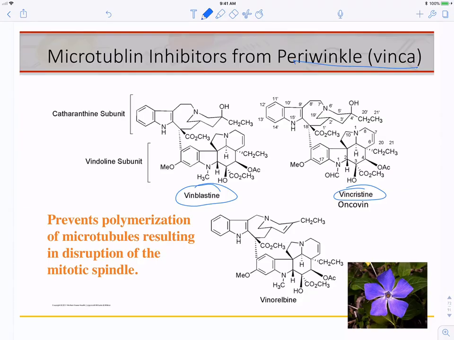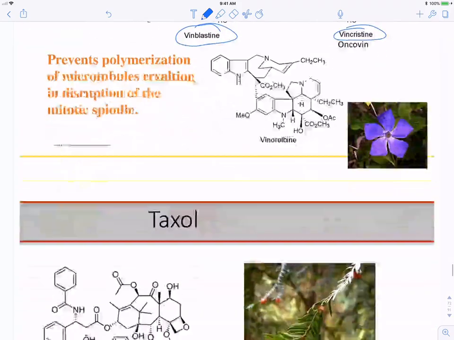The toxicity can be at the nerve level, because it turns out that microtubules are very important in nerve fibers, and so disruption of this function results in neuropathies that can be very severe.